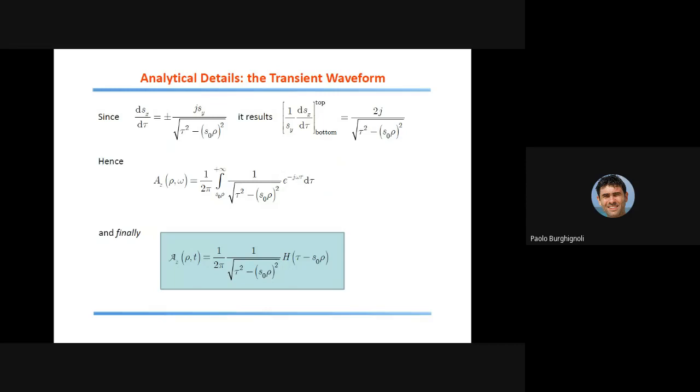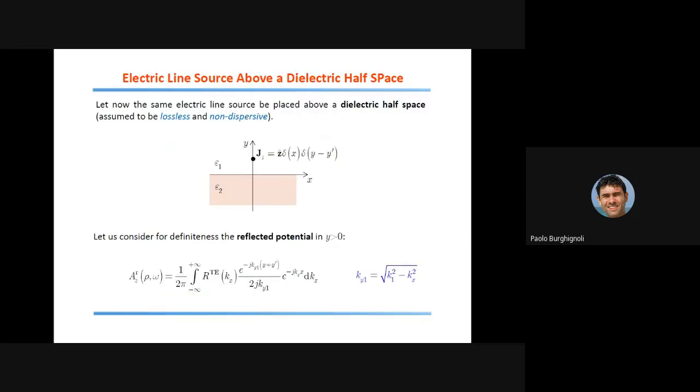The validity and the usefulness of the method, of course, is not only related to free space problems, for which we would be able anyway to find the solution by different means, but in particular to problems in layered media. And in particular, we will examine the method when our line source now radiates in the presence of a single planar interface.